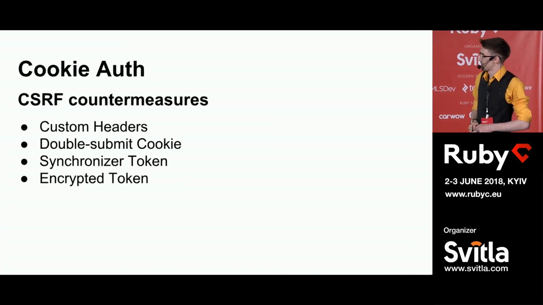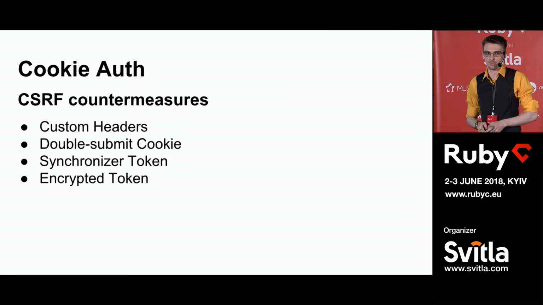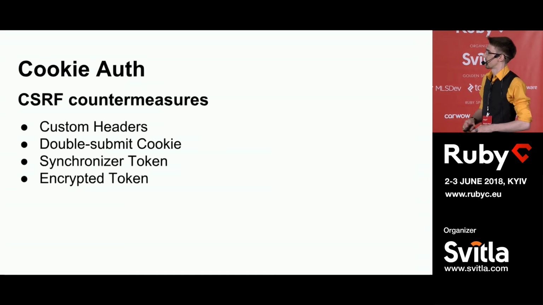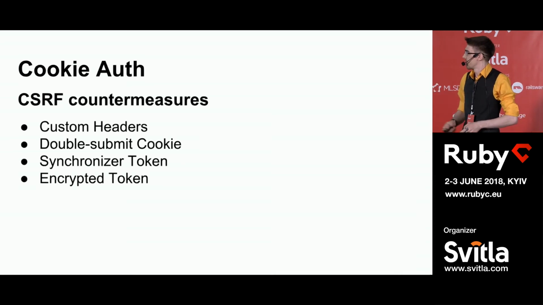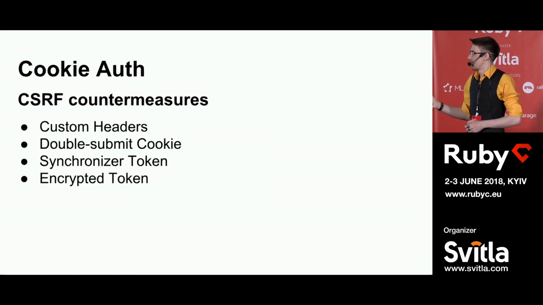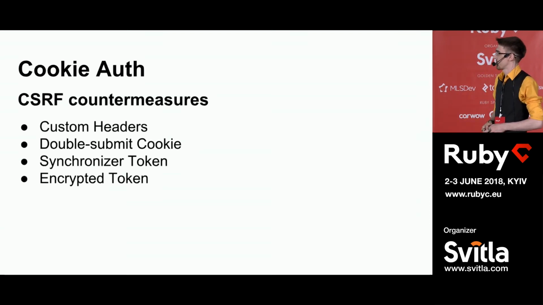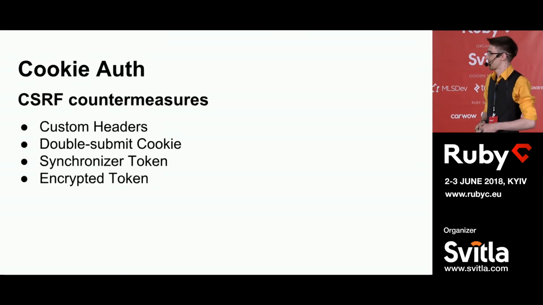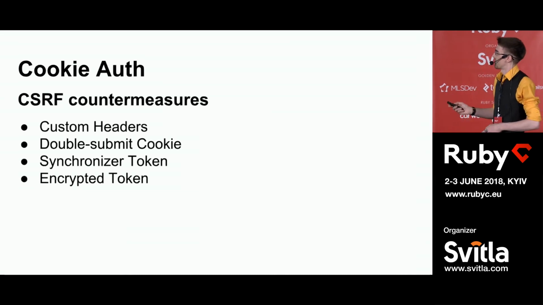There is double submit cookie, which simply means that you have some value in the cookie, which can be absolutely JavaScript readable, but you also include some value within the request or a header with that value, and when you have the header, you have already prevented CSRF. There is the synchronizer token, which is the thing which Rails uses, so you're quite familiar with that one, and the encrypted token, which is also what Rails does, because Rails encrypts the token. So with the latter two, you're already familiar.